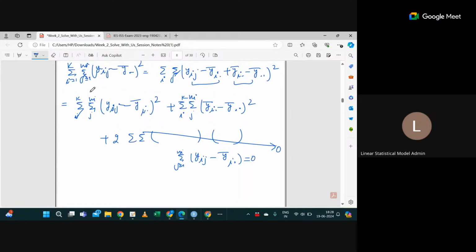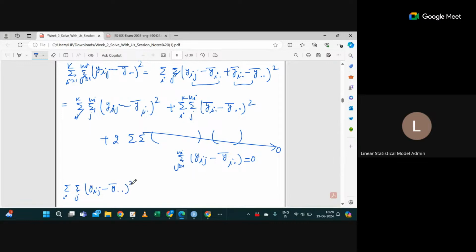What we get here is summation i, summation j, (yij minus y bar double dot) square equal to summation i, summation j, (yij minus y bar i dot) square plus summation i, and since there is no term related to j, I will simply write ni (y bar i dot minus y bar double dot) square.